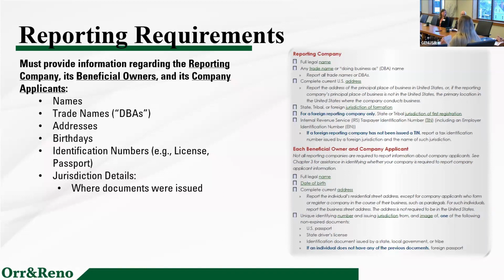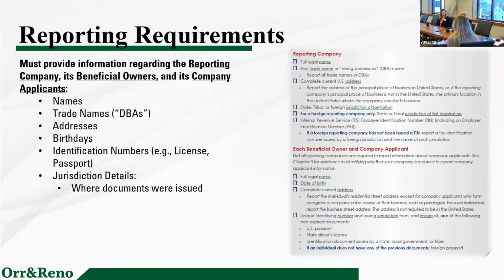On the right side here, there's a list of information. It's pretty basic information: the name of the company, any trade names or DBA names, address, where the company was formed, which state, and EIN, your taxpayer number.